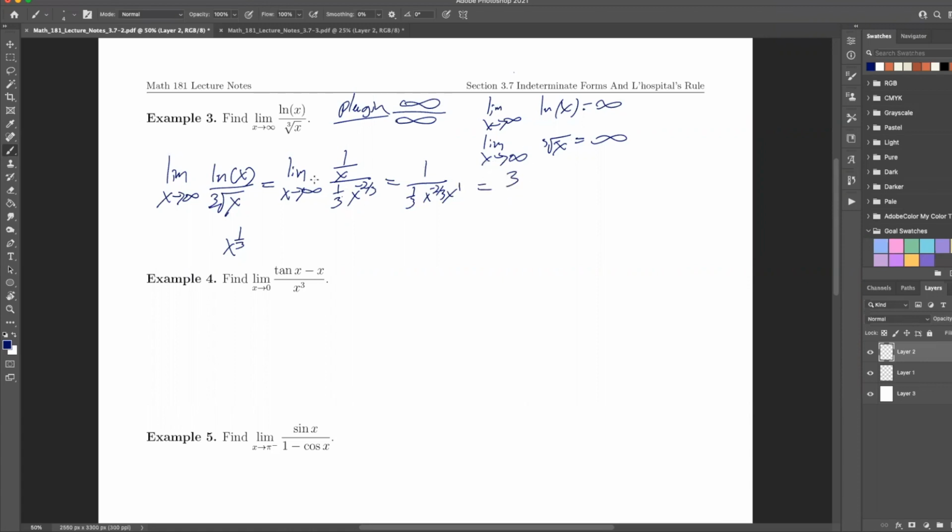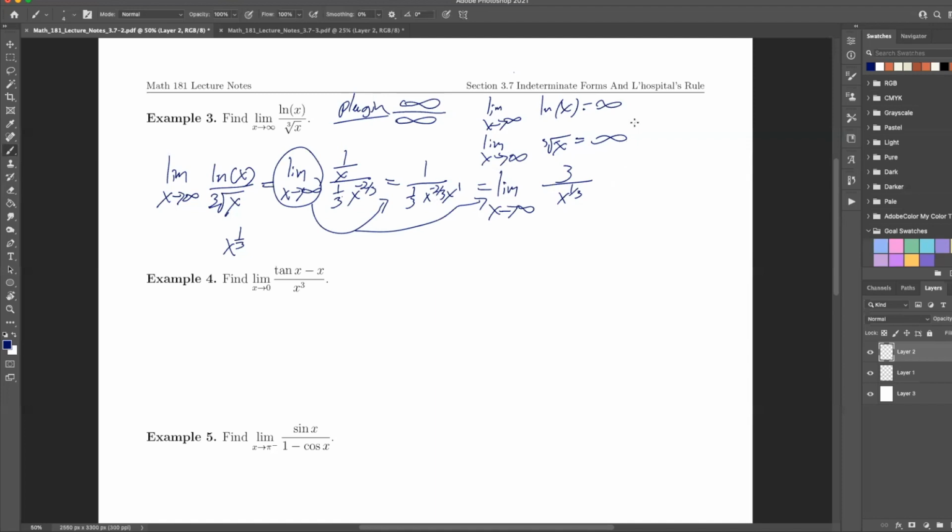Oops, I'm forgetting my limits. Imagine this is written here and here. In fact, I'll write it here like a good person. And so this 3 goes up top, and this just becomes x to the third, since negative 2/3 plus 1 is a third.